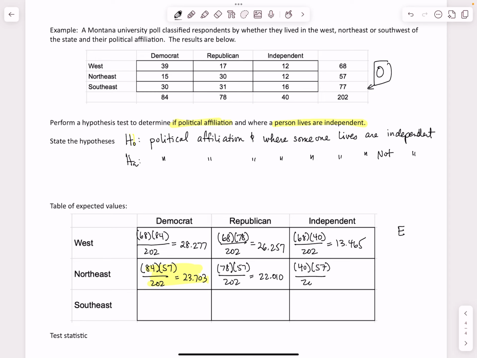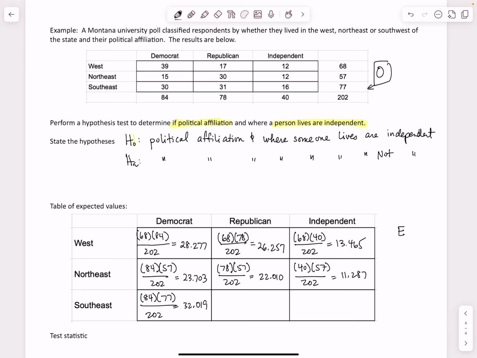The grand total is 202. I get 11.287. And last one here, the last row, the first entry is column 1 times row 3 totals over 202. That's 32.019. Get rid of that yellow.